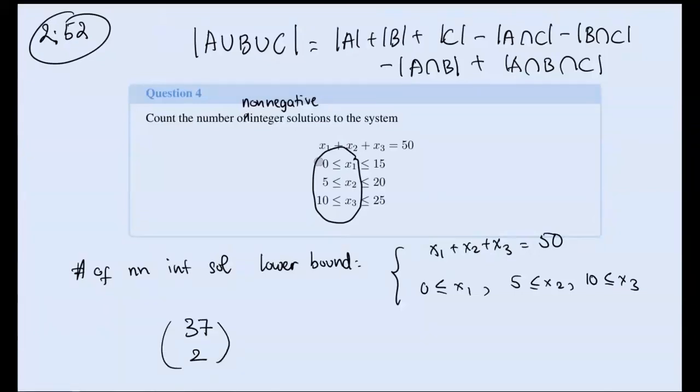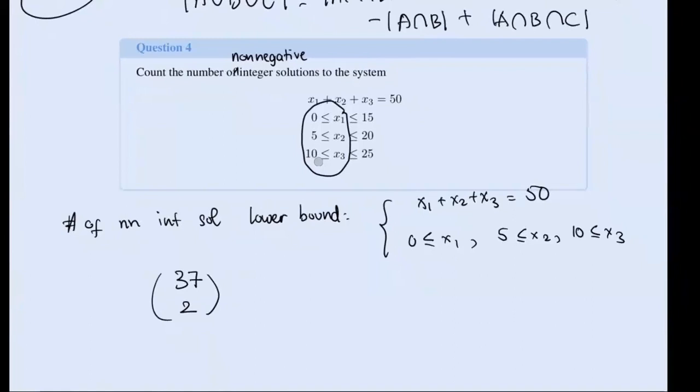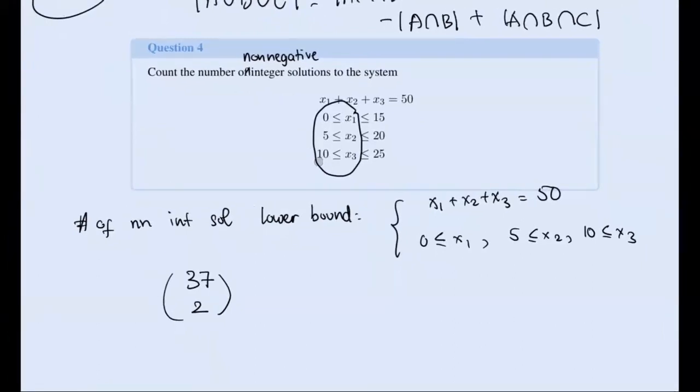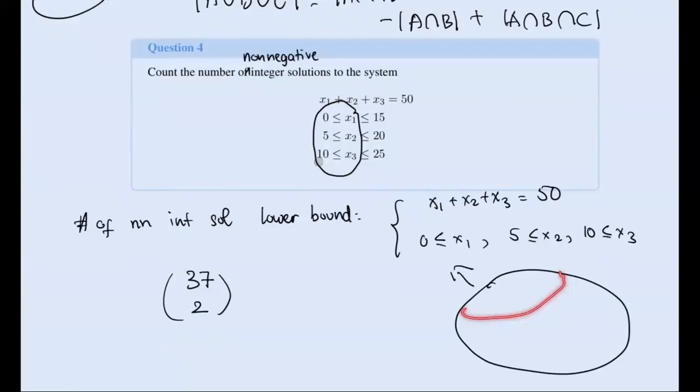And then from here, let's say there is a set of solutions such that it satisfies all the lower bounds, then what do we have in this set? Of course, we can have the set where x1 is less than or equal to 15, x2 is less than or equal to 20, and x3 is less than or equal to 25.